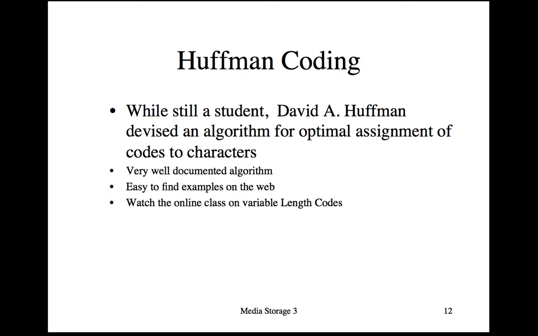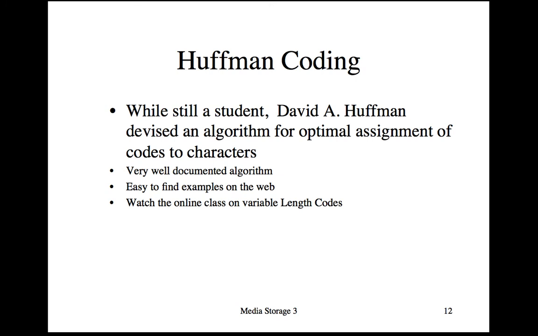So, Huffman was a postgrad, University of California at Santa Cruz, I think, but maybe somewhere else. At that time, people knew about variable length codes. What they would do is look at the data and try to come up with a good variable length code.